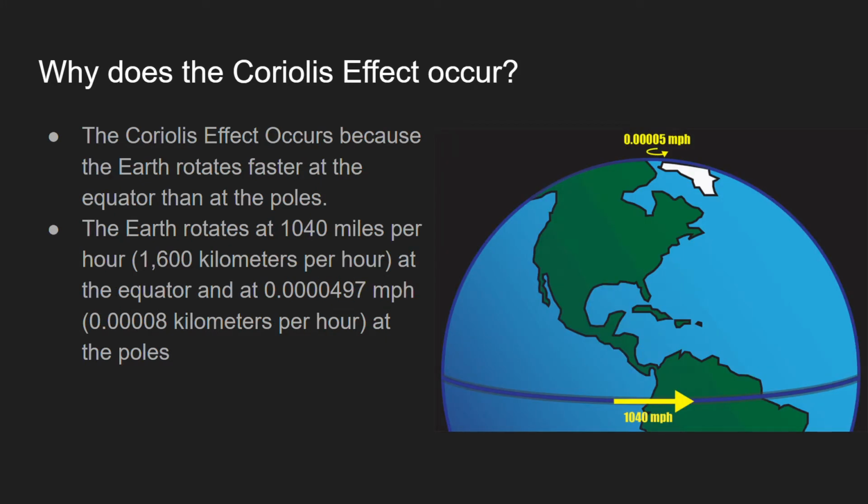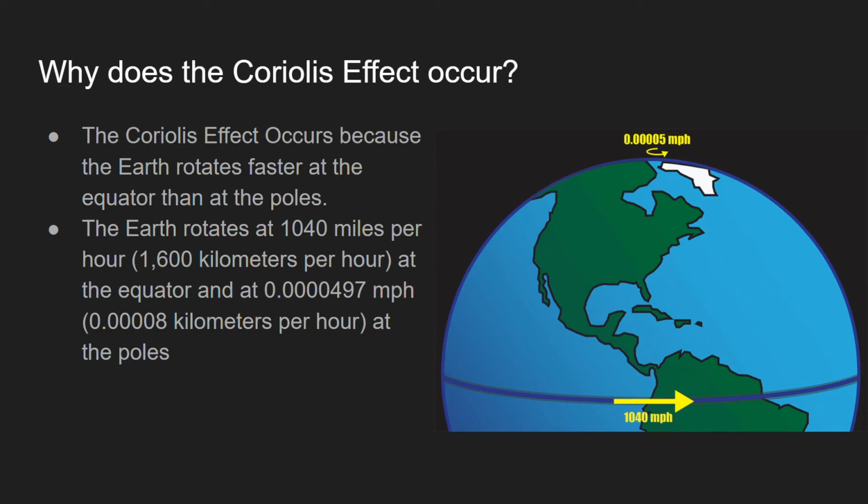So, why does the Coriolis effect occur? The Coriolis effect occurs because the Earth rotates faster at the equator than it does at the poles. And the exact number here is on the screen on the picture on the right.